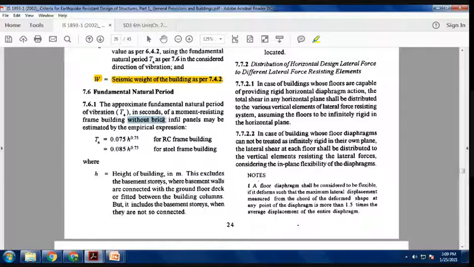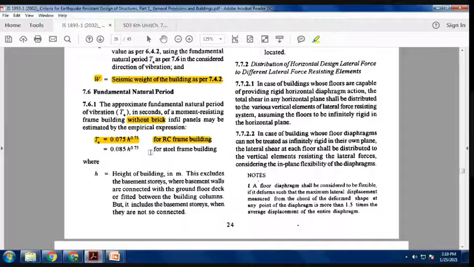This one is most important. Without brick infill panels, it can be estimated by the empirical expression Ta equals 0.075 h raised to 0.75. This is for an RCC frame building. If your building is a steel frame, with C sections, I sections, those types of frames, we should go for the value of 0.085.